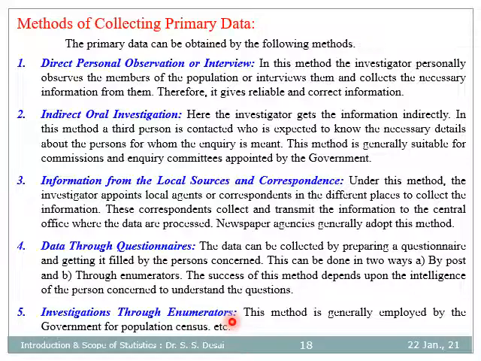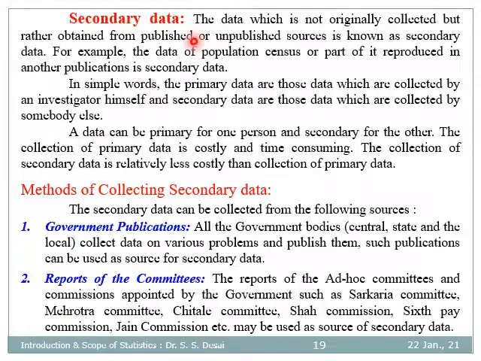Secondary data. The data which is not originally collected by an investigator but rather obtained from published or unpublished sources is known as secondary data. For example, the data of population census or part of it reproduced in other publications is secondary data.